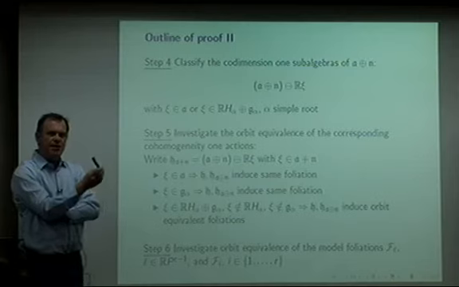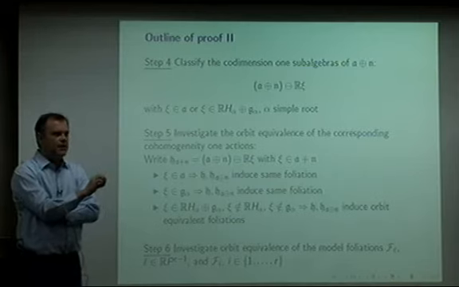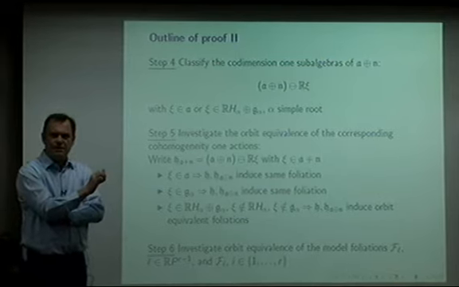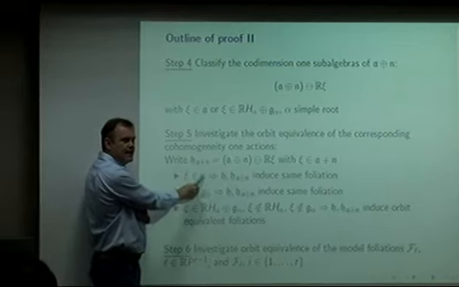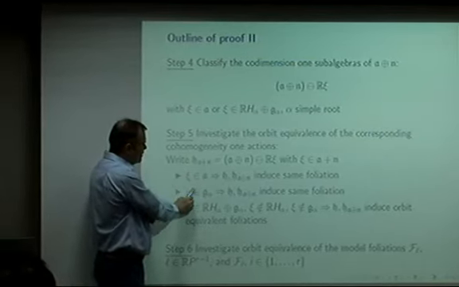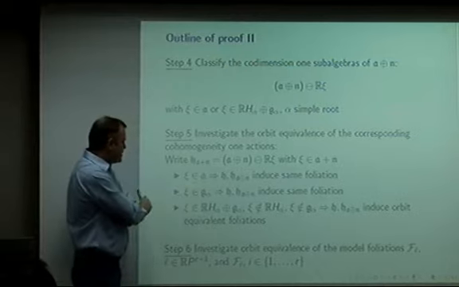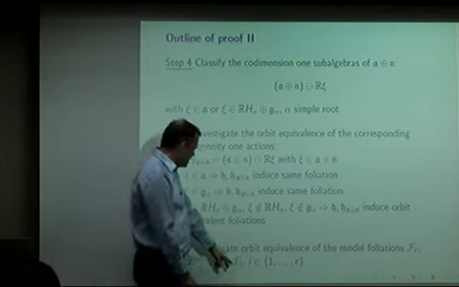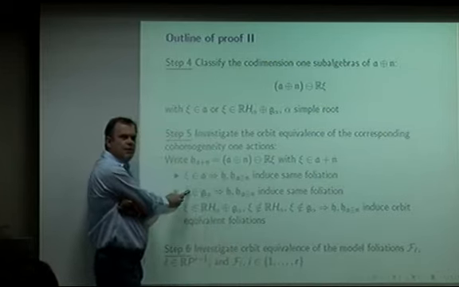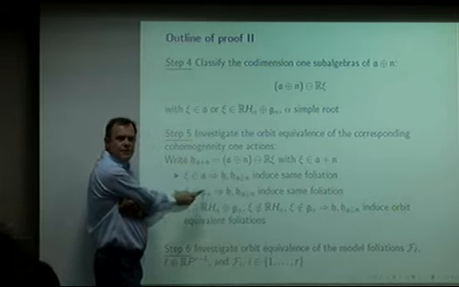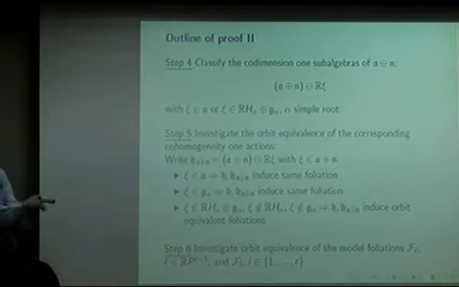Each choice of a line in a simple root space gives isometrically congruent foliations. So this is different to the case where we choose a line in A. Here the line really doesn't matter. There it matters where it lies. So in the end these foliations are parametrized only by the root space, but we don't have to take care of the line in the root space. So this is where these R points come from.